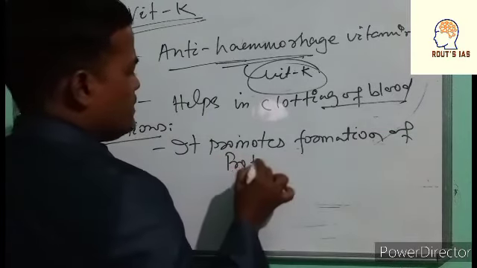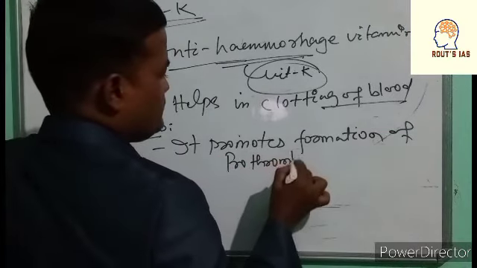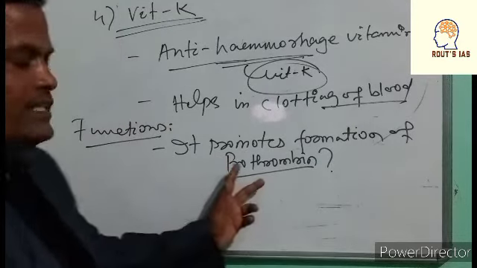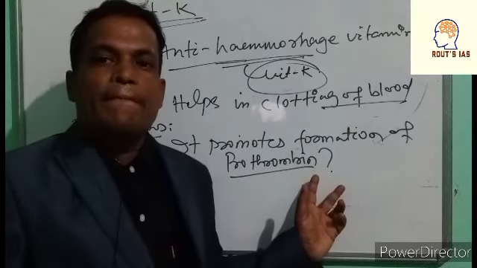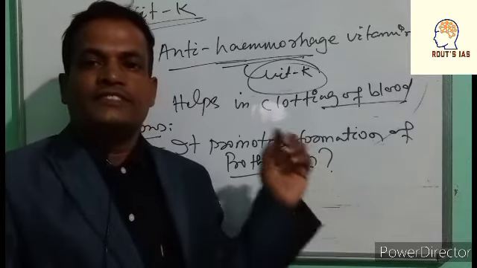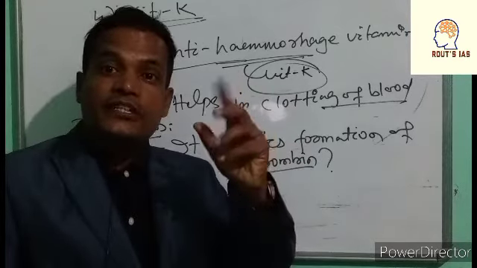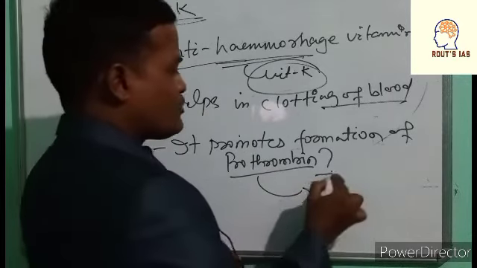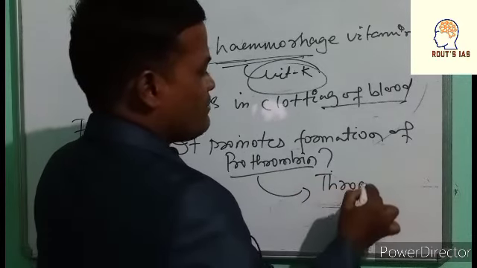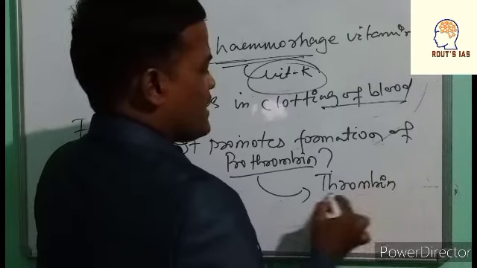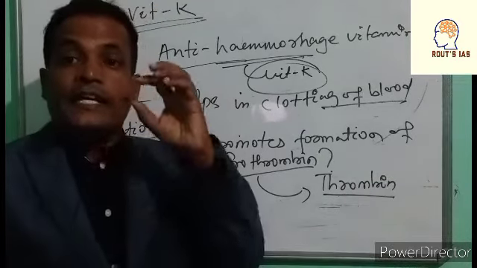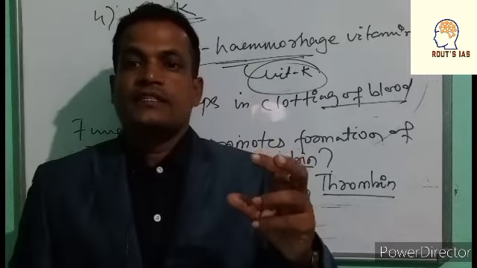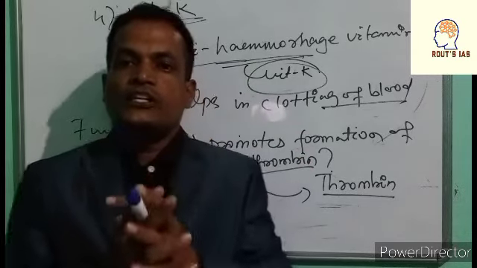prothrombin. What is prothrombin? Prothrombin is a component of blood which helps in the clotting of blood. When prothrombin is activated, it forms thrombin, and thrombin forms a network of blood cells which prevents flow of blood.